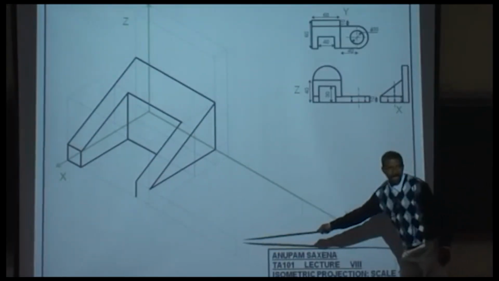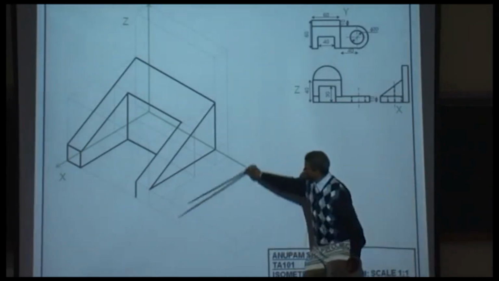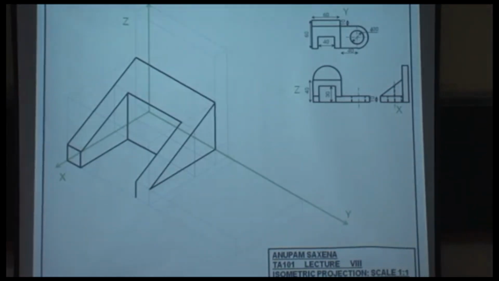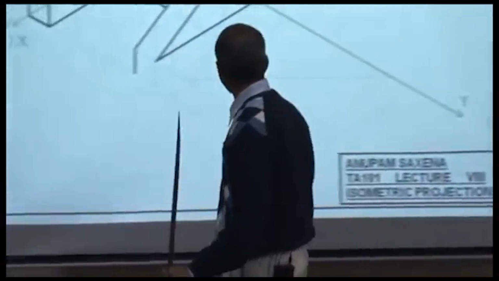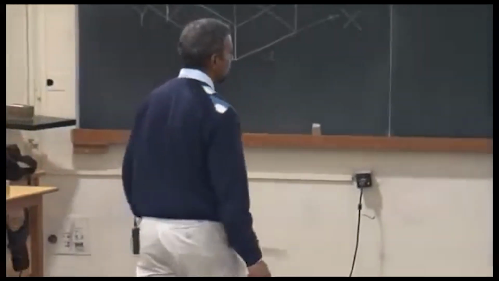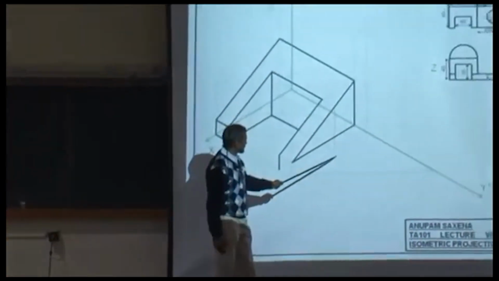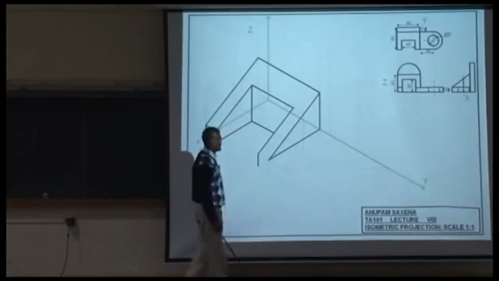So this length is 50. This is 50. This is 50. I've got a rhombus on the top face of the block. Identify the longest diagonal. From this vertex, join the midpoint of this edge. From this vertex, join the midpoint of this edge.